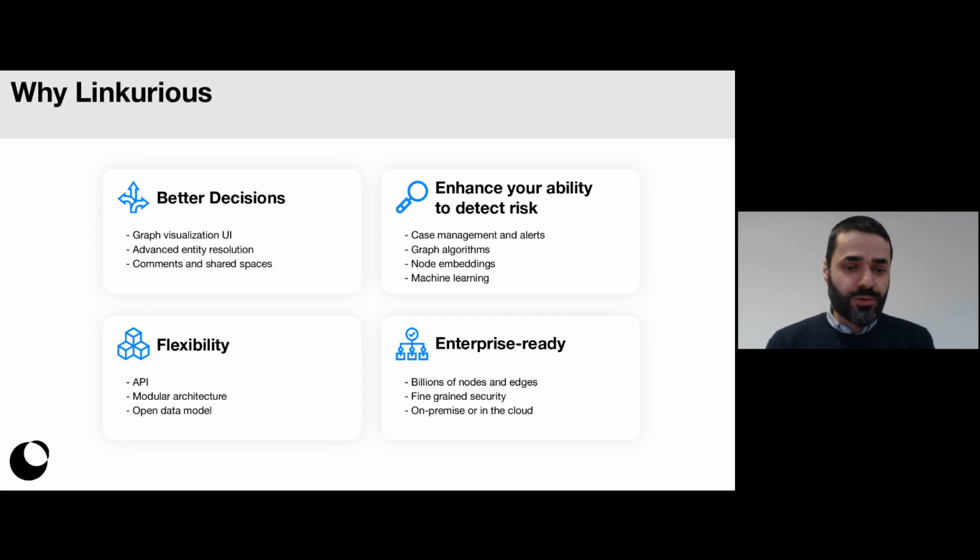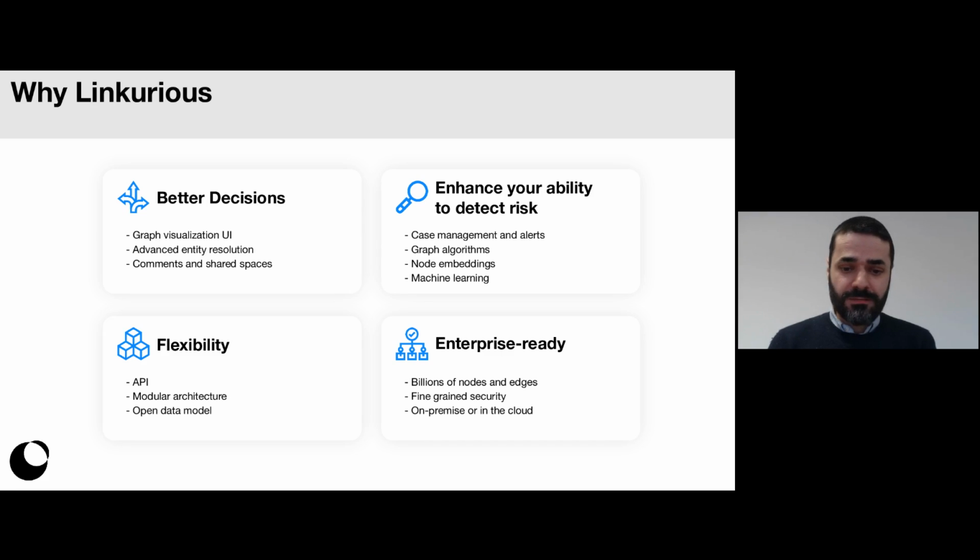The platform is also very flexible. There's an API that allows for the integration of new capabilities into existing tools and with existing processes. As an example, we have clients that are adding graph visualization within their existing case management systems via the API. The architecture is also very modular.